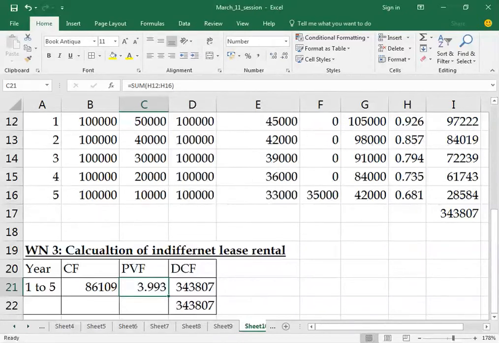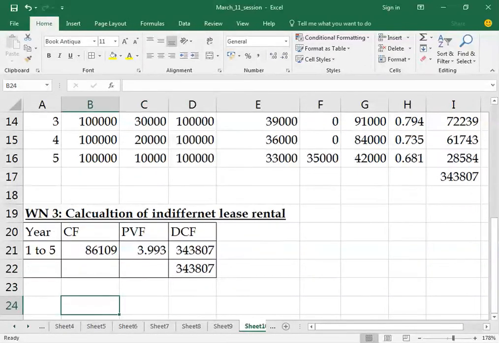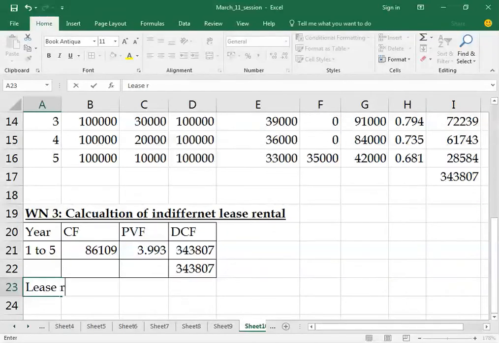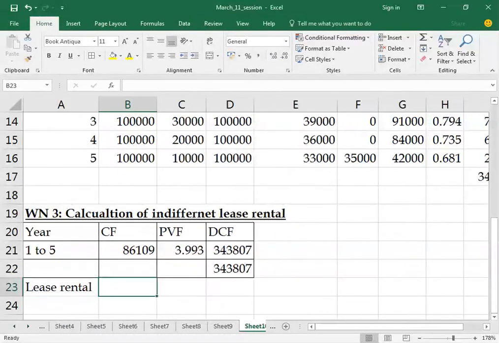So what is the lease rental? No, incorrect. 86,109 divided by 1 minus tax rate, because this is after tax. 86,109 is your after tax figure.